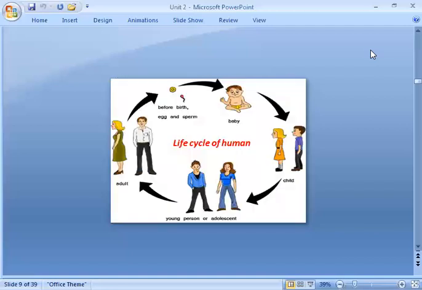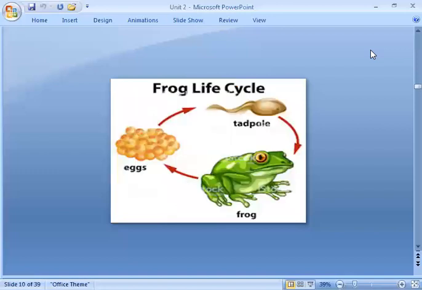Students, here is a life cycle of human that starts from baby, to child, to adolescence, to adult. Here is a life cycle of frog. Life cycle of frog starts from egg, tadpole, to frog.